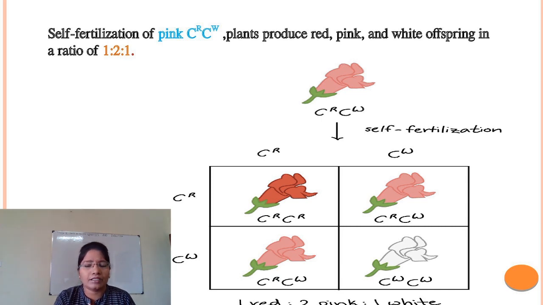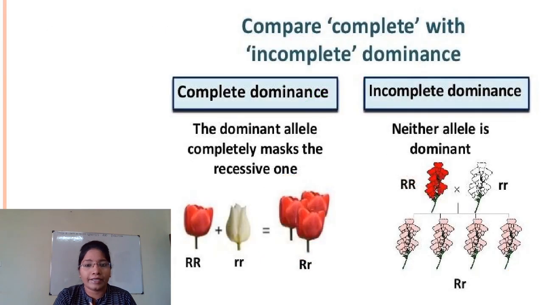So how can the pink color appear in the heterozygous condition? The reason is that in incomplete dominance, the dominant allele fails to express completely. In this case, the dominant allele capital R fails to express completely.